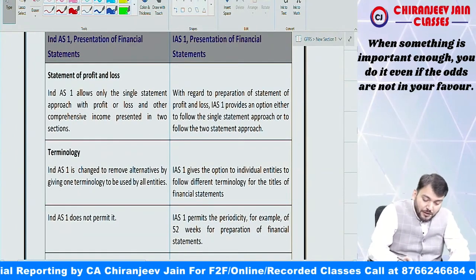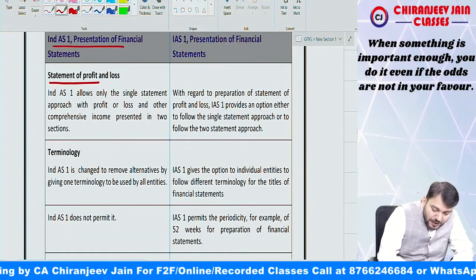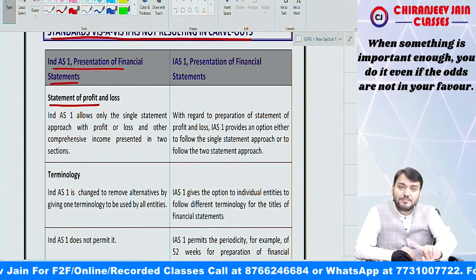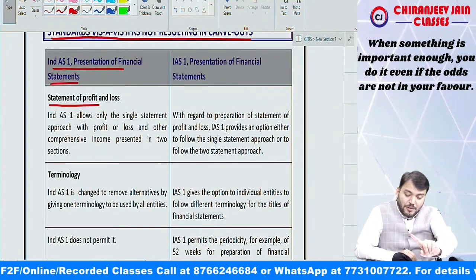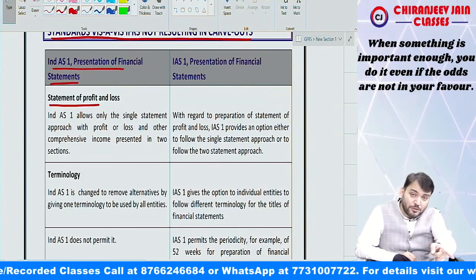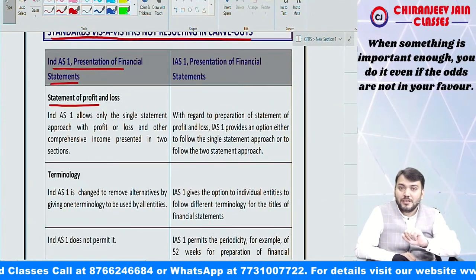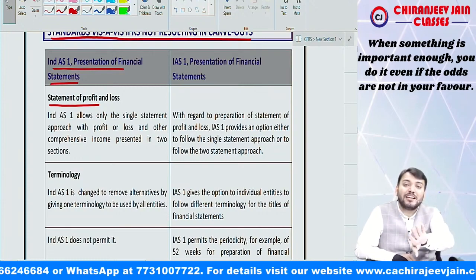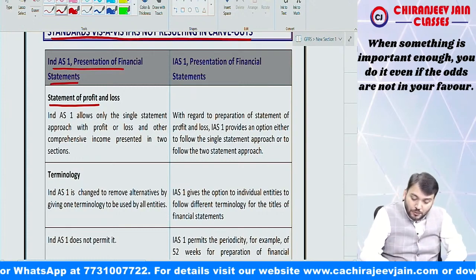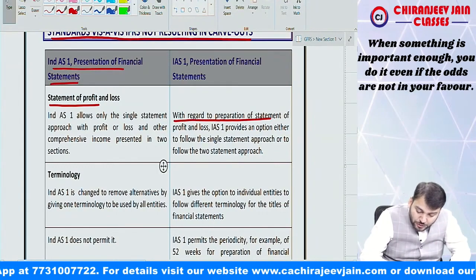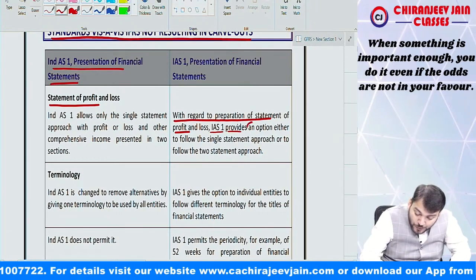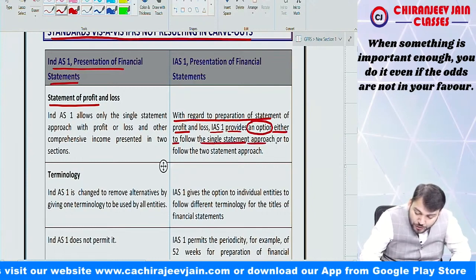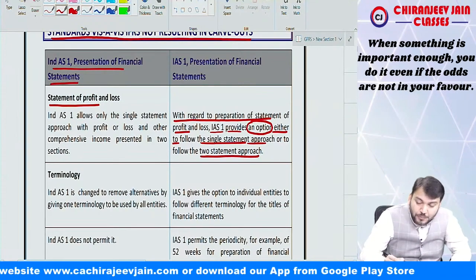First, statement of P&L, which means Ind AS 1 presentation of financial statements. Under IAS 1, for presentation of the statement of profit and loss, they have given an option: either it can be prepared in two statements or one single statement. So IAS 1 provides an option either to follow the single statement approach or the two statement approach.